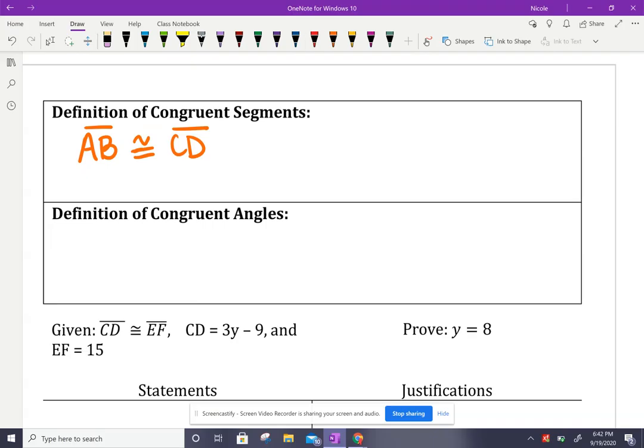And remember, when we write the measures of segments, it's just AB is equal to CD. Those two segments are equal to each other because their measures are equal.